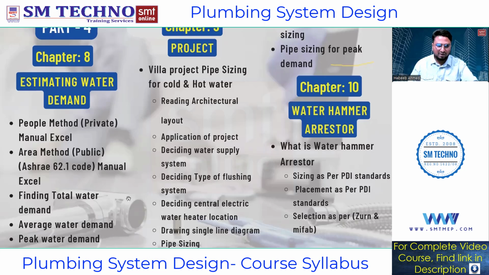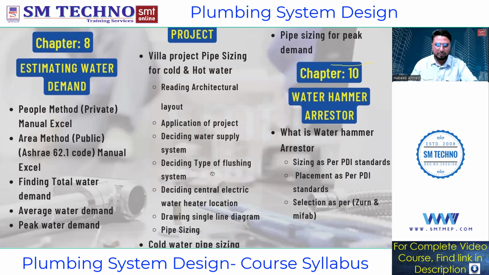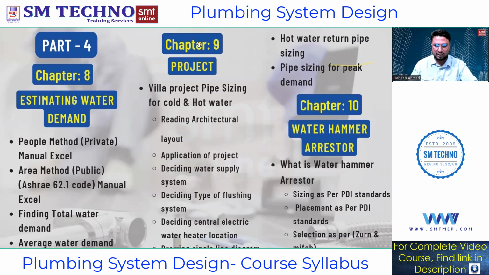Okay. After chapter number 8, we'll deal with chapter number 9. This is nothing but the Villa Project A, as I discussed for the water side. Here, we'll be learning Villa Project pipe sizing for cold and hot water. Very first, we'll be reading and understanding the architecture layout. Second, the application of the project.